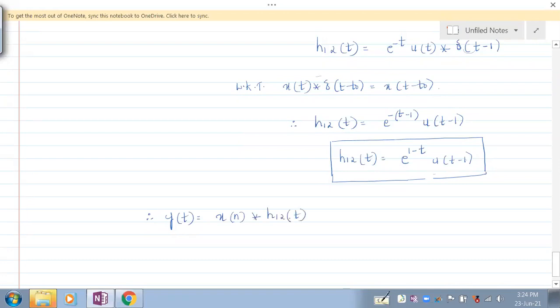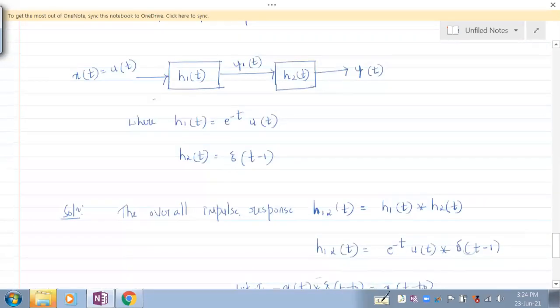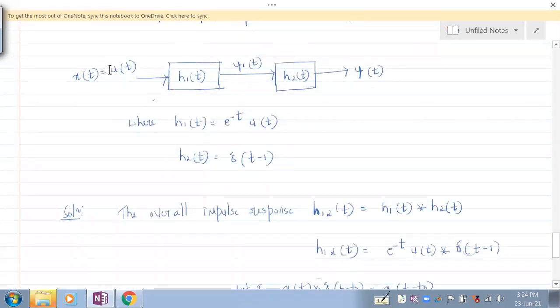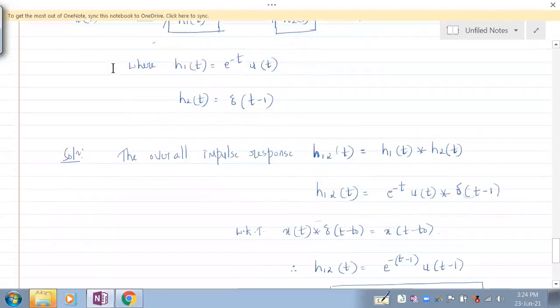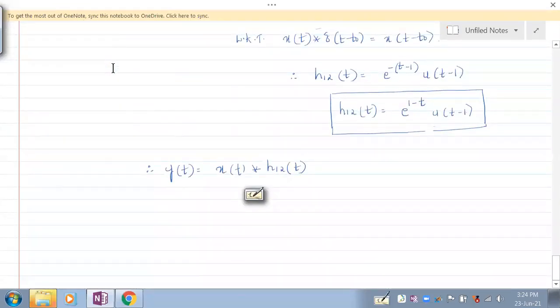Sorry, it's not x of n. The input is x of t, right? And what is that input x of t? That is given as u of t. So therefore, y of t would be u of t being convolved with e power 1 minus t u of t minus 1.